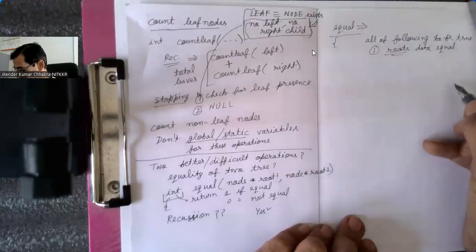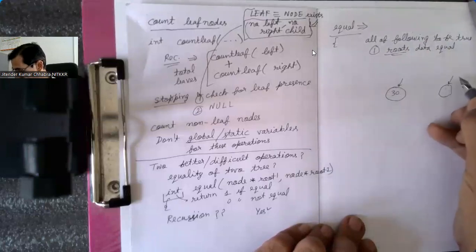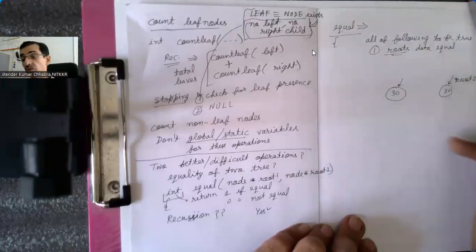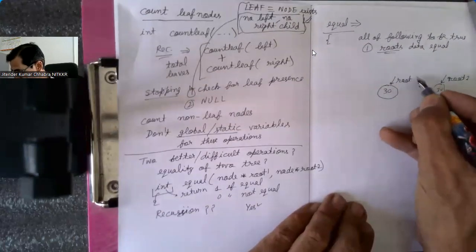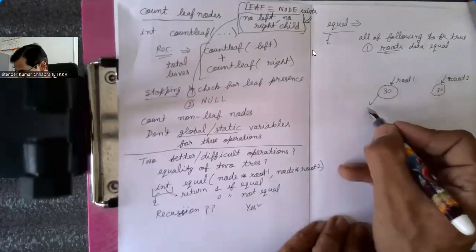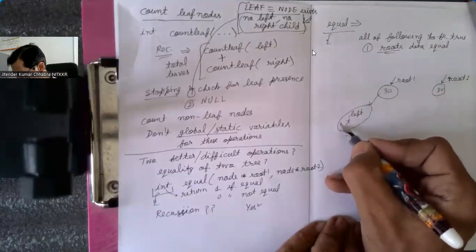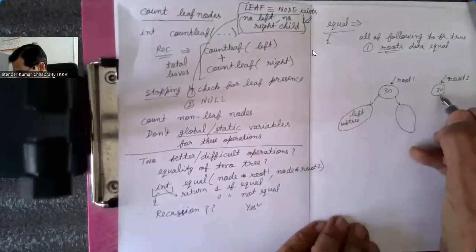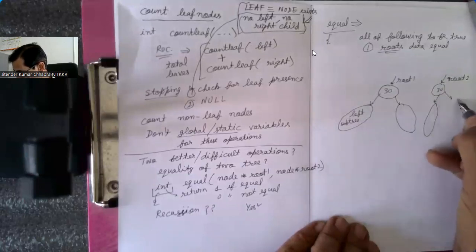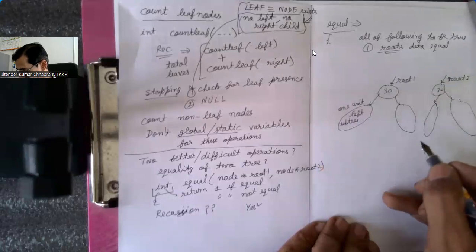Only root compare. For example, I have one tree here with 30, and another tree here with 30. This is root 2. So I will always focus on the current node. Remember, that is my way of solving the problem. Focus on the current node and assume the whole left subtree and right subtree as a single unit. Don't assume that it has so many things internally.